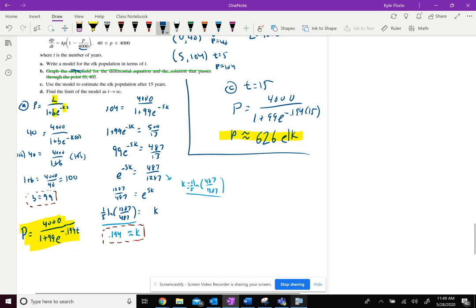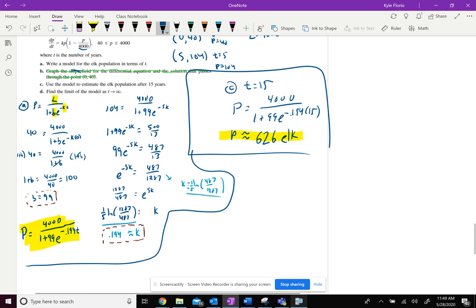And so that's C. This was part A. And D. If I want to find the limit as time goes to infinity, so what's going to happen in the future, it's just going to hit that carrying capacity of 4,000.